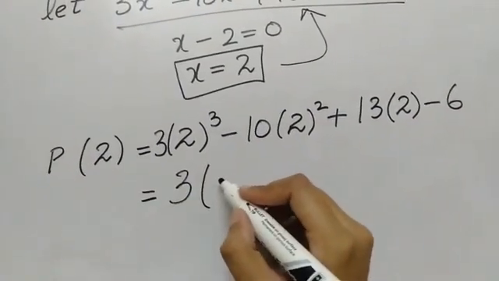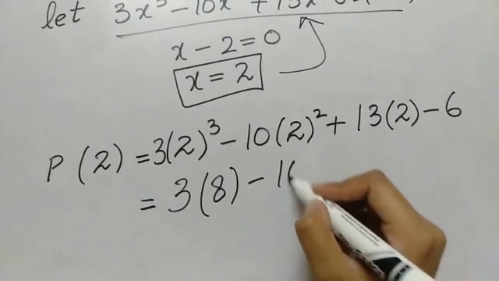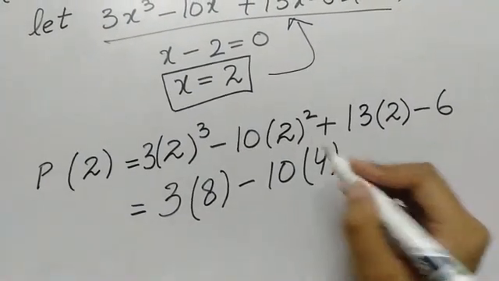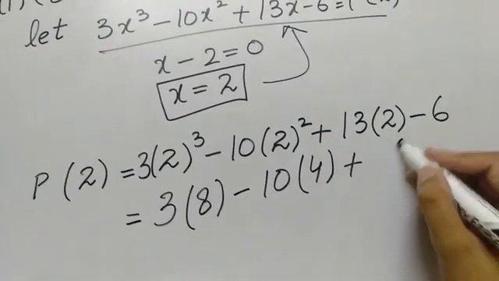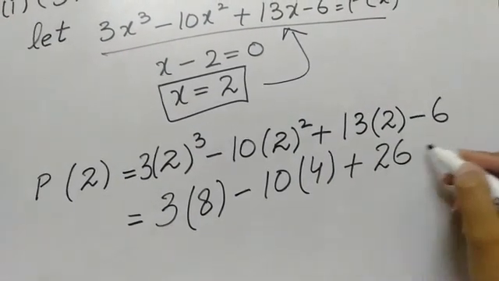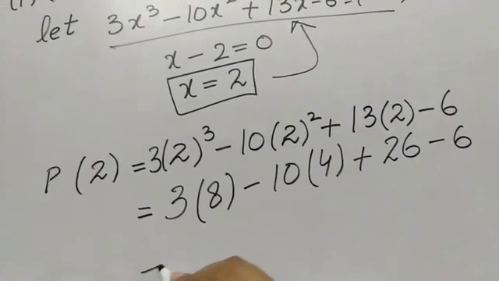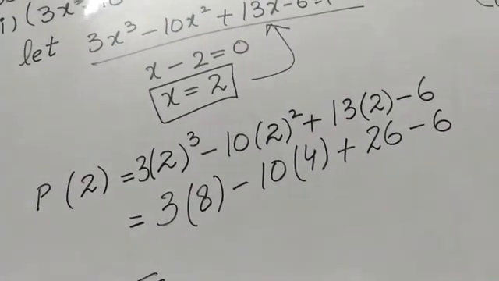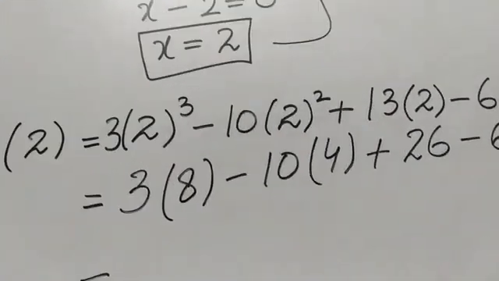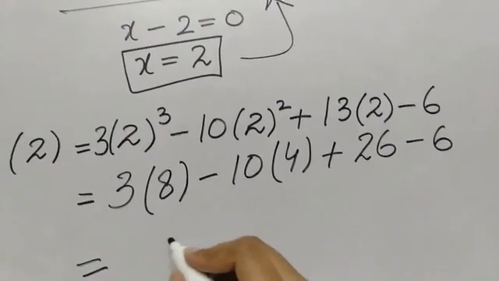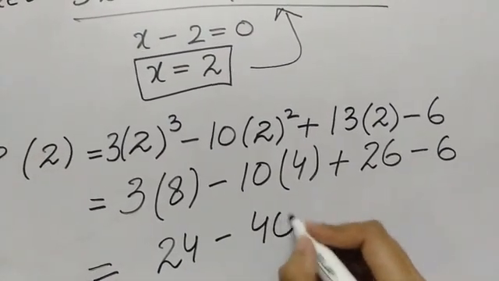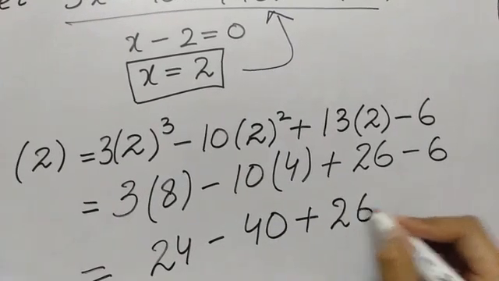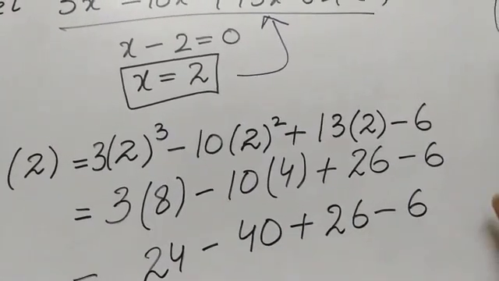So now 2 cubed is 8, minus 10 times 2 squared, which is 4, plus 13 times 2, minus 6. Now 3 times 8 is 24, minus 10 times 4 is 40, plus 26 minus 6.